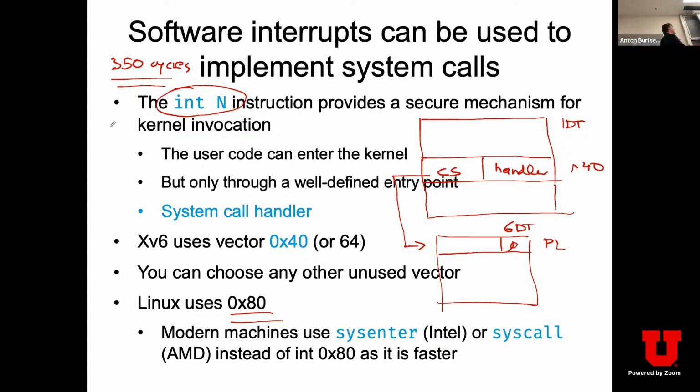Because going through the IDT, going through the GDT, TSS, it adds time, right? And so Intel added sysenter and AMD added syscall, which are roughly equivalent. This is a minor mismatch between the AMD implementation of x86 and Intel's, right?